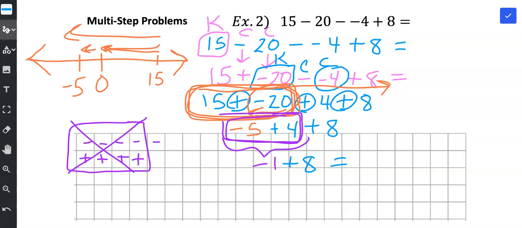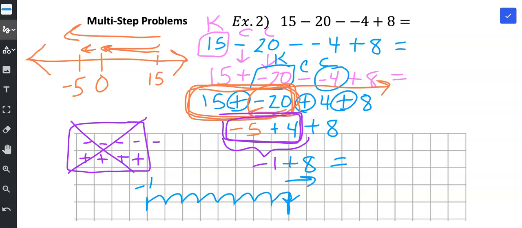And then finally, all I'm doing is taking negative 1 and adding 8. So maybe I want to go back to the number line. It's your choice. And if I know that I'm going to the right 8, I'm going to start my negative 1 way down here. So I'm going to say negative 1 is here. And then I'm going to go to the right 1, 2, 3, 4, 5, 6, 7, 8.